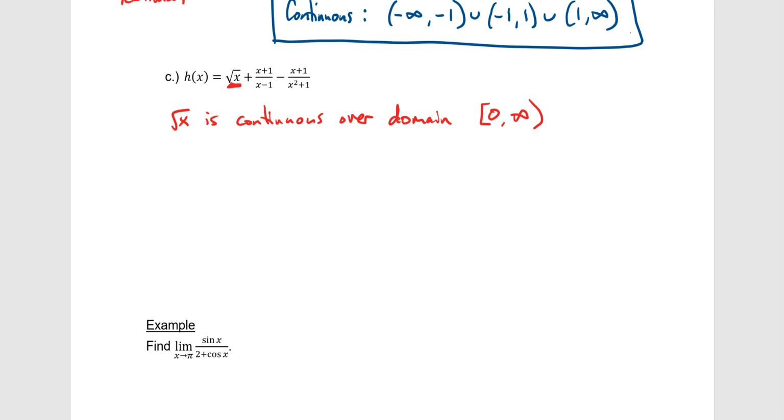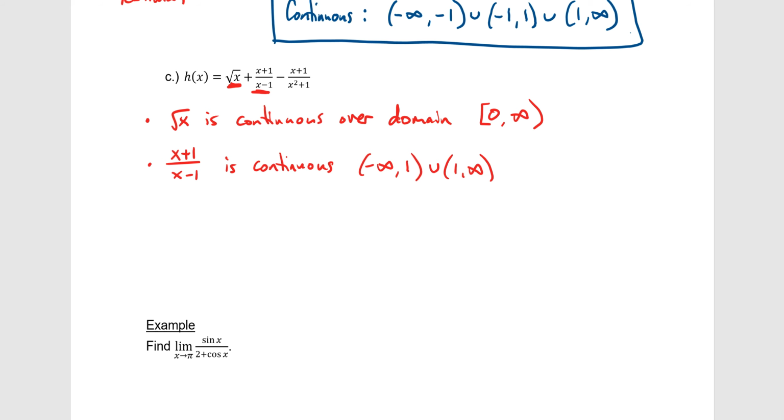Its domain is 0 to infinity, including the 0, because we can't take square roots of negatives and get real numbers out. Next one, x plus 1 over x minus 1, that's a rational function. We know a rational function is continuous everywhere except when the denominator equals 0. The denominator equals 0 when x equals 1. So this is going to be continuous from negative infinity to 1, union 1 to infinity.